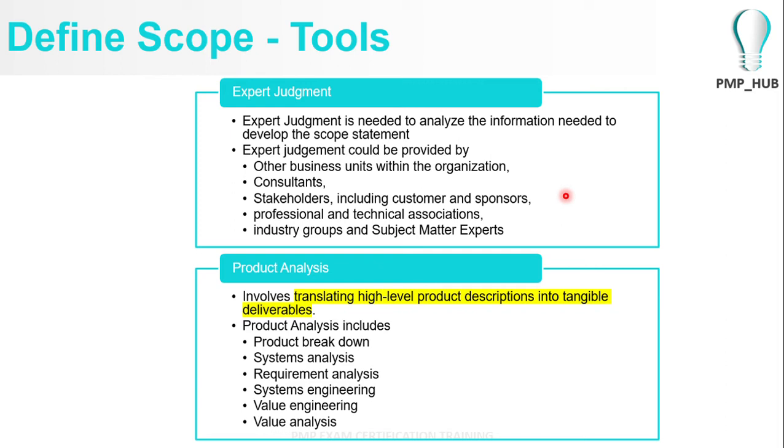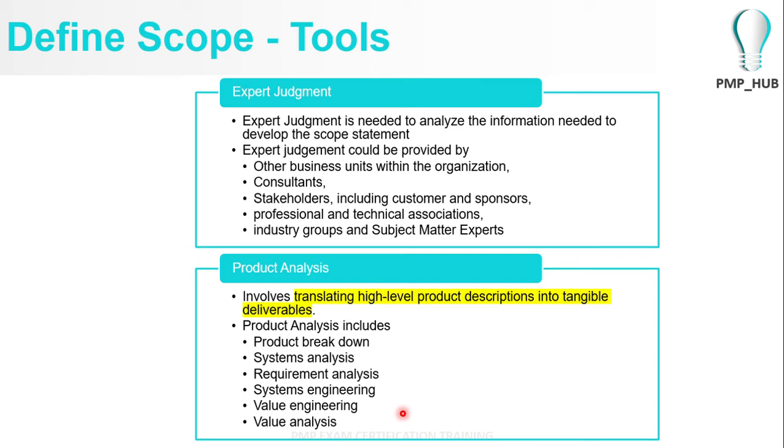So you're breaking down into a more narrowed, tangible, more descriptive product scope. And so you'll be breaking down the product into more detailed requirements, and trying to get more specific on the requirements. And system analysis, basically analyzing the various options available.